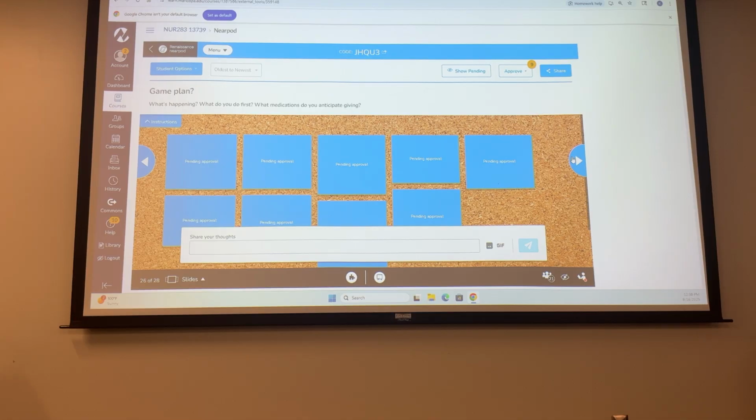Oops, wrong side. So good at drawing. Okay, so what is happening? What do we think is going on?